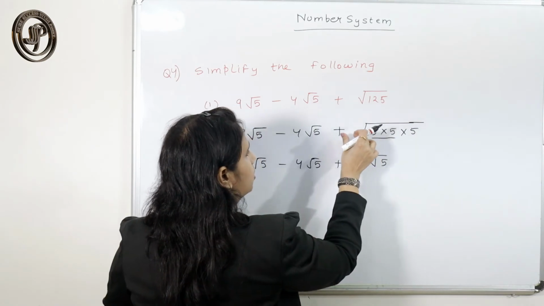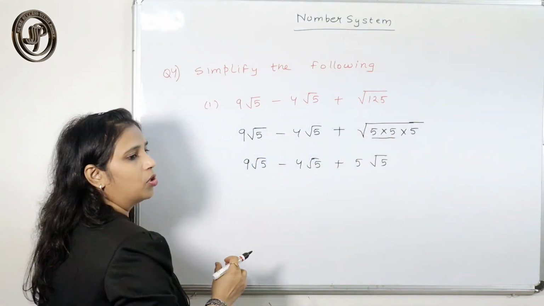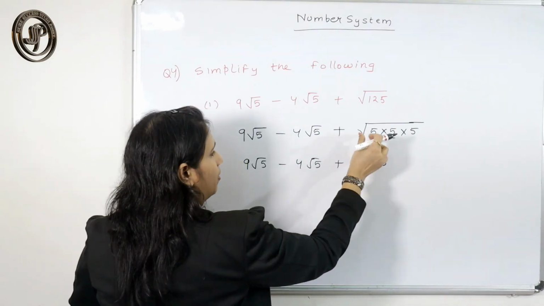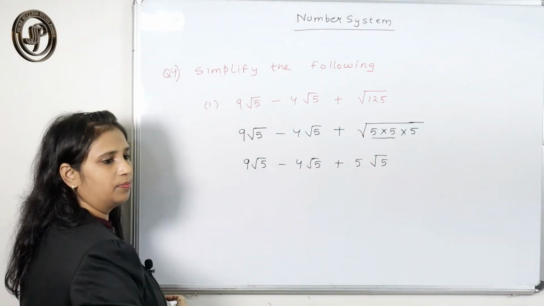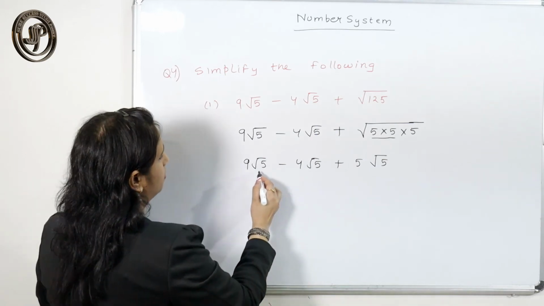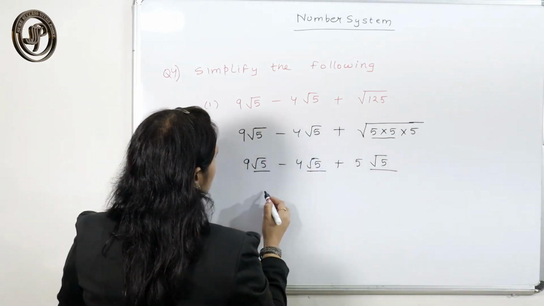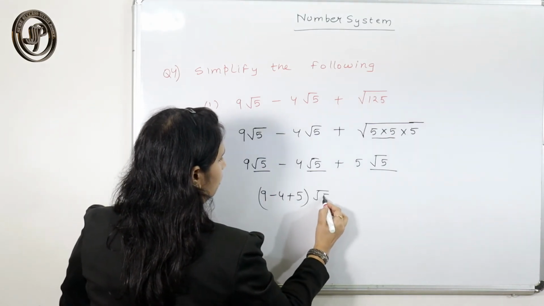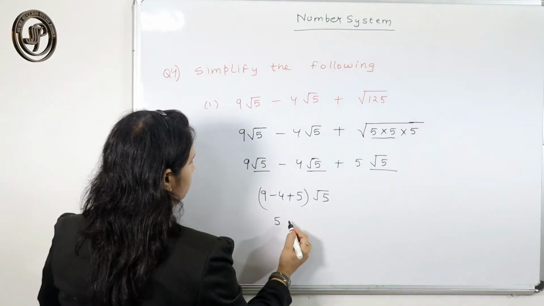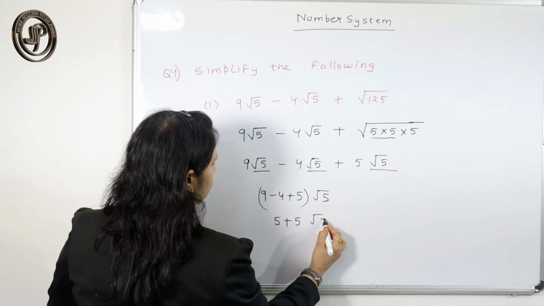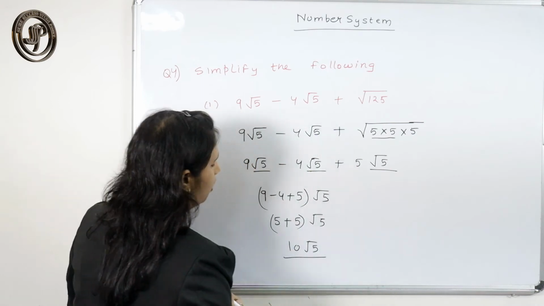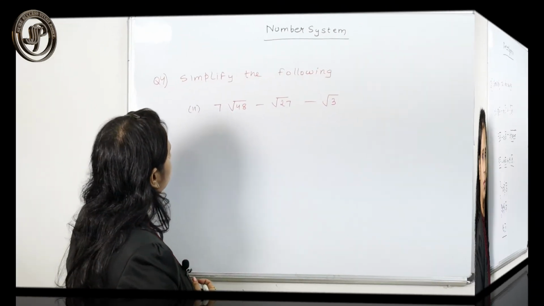When you take the pair out, it becomes single outside. Now they become like surds, and you can add or subtract them. So it is 5 plus 5 root 5, that is 10 root 5. This is the answer. So here is another question.